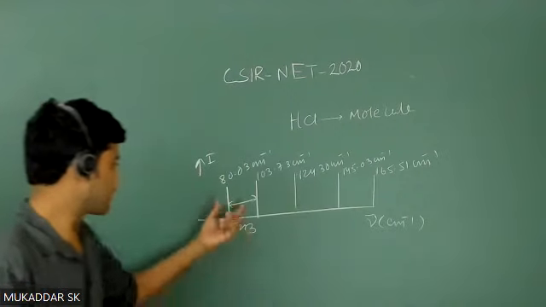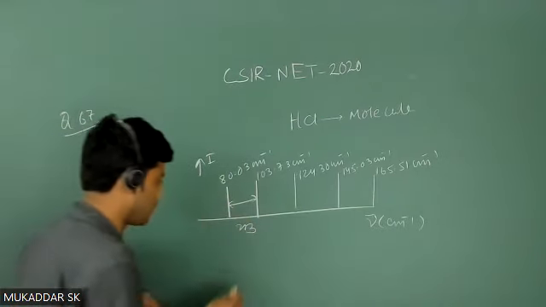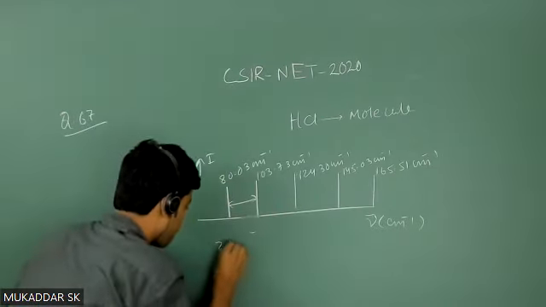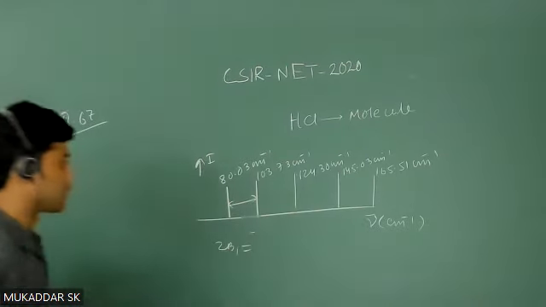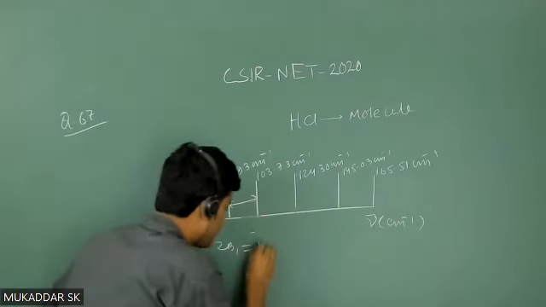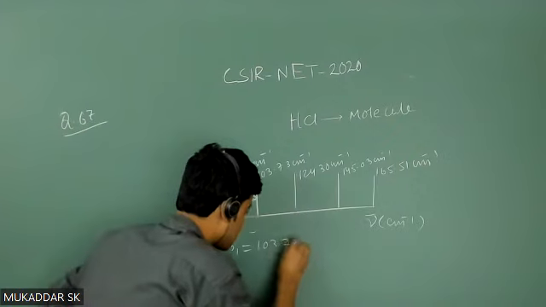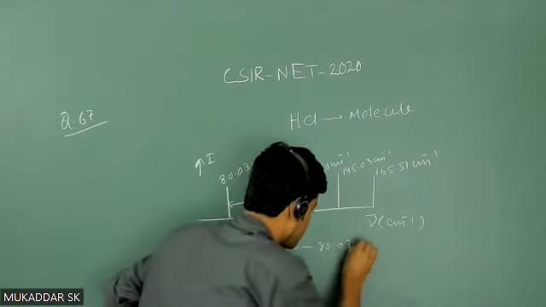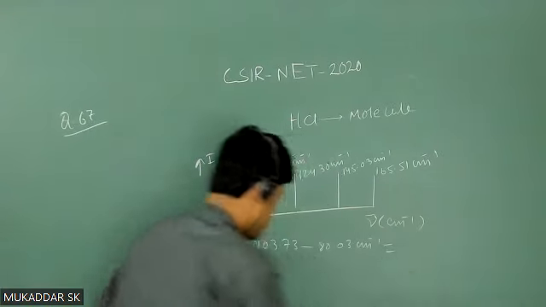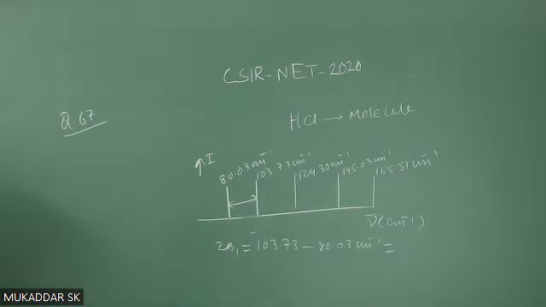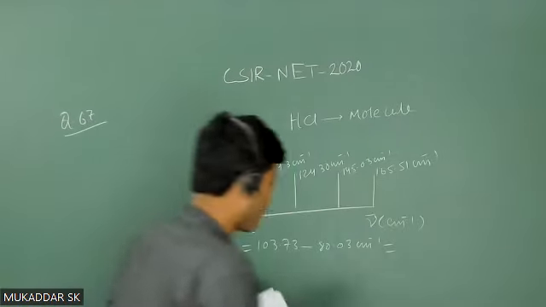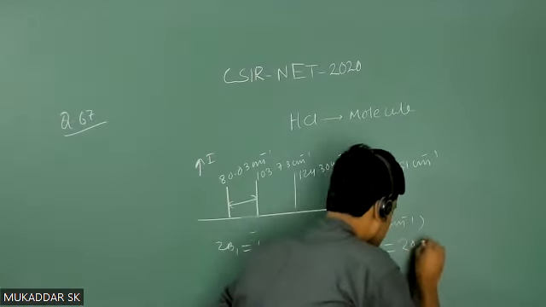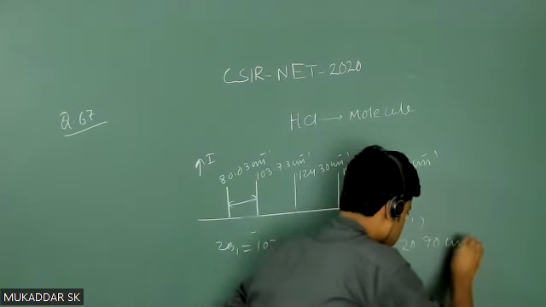So if you calculate the separation between these two lines, 2B1, that will be 103.73 minus 80.03 centimeter inverse. If you calculate this number, you will get 20.70 centimeter inverse.